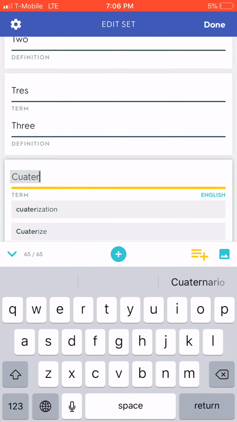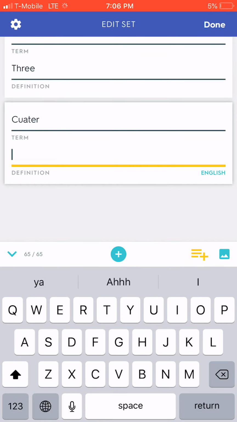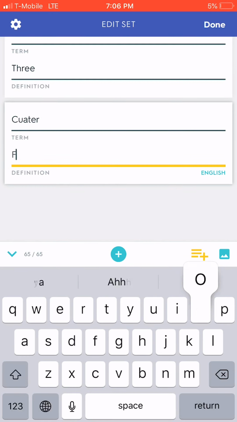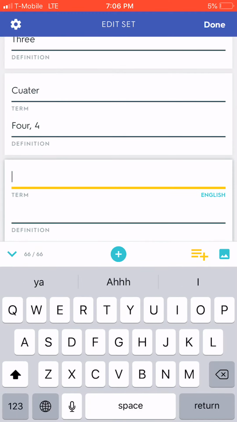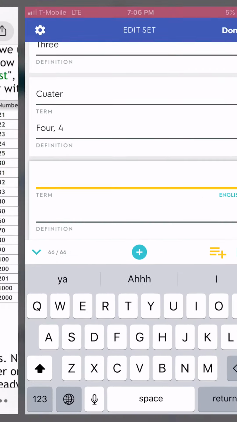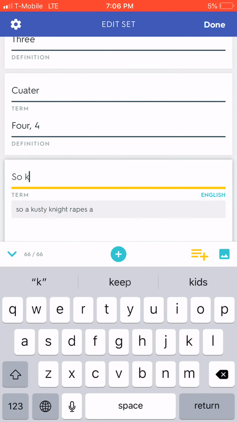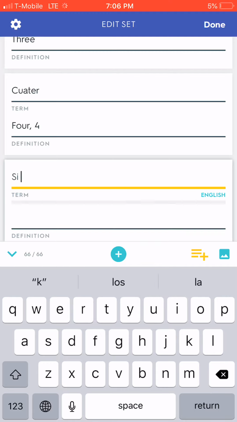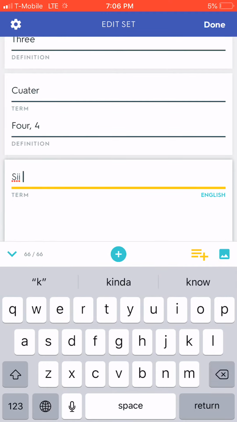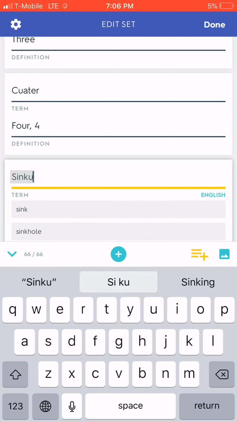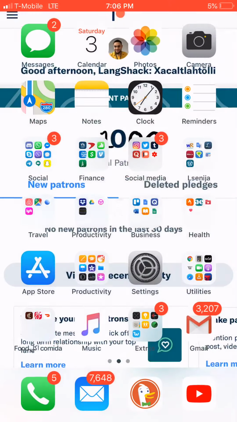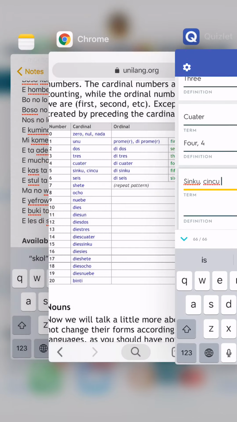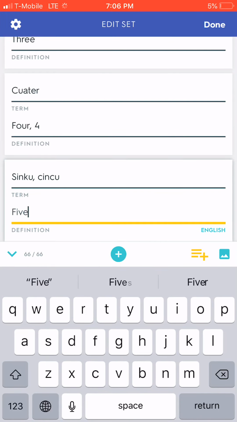People may actually need that because it's not cuatro. It's quater. 4. And cinco. Cinco is 5.